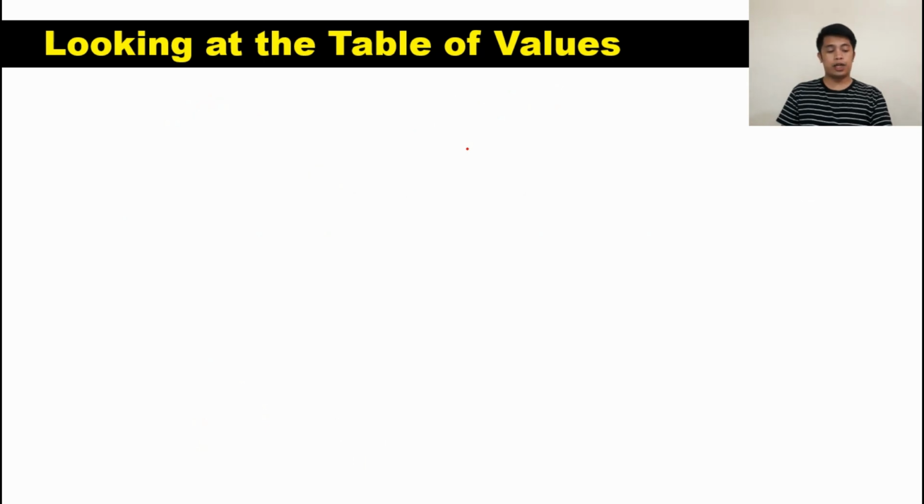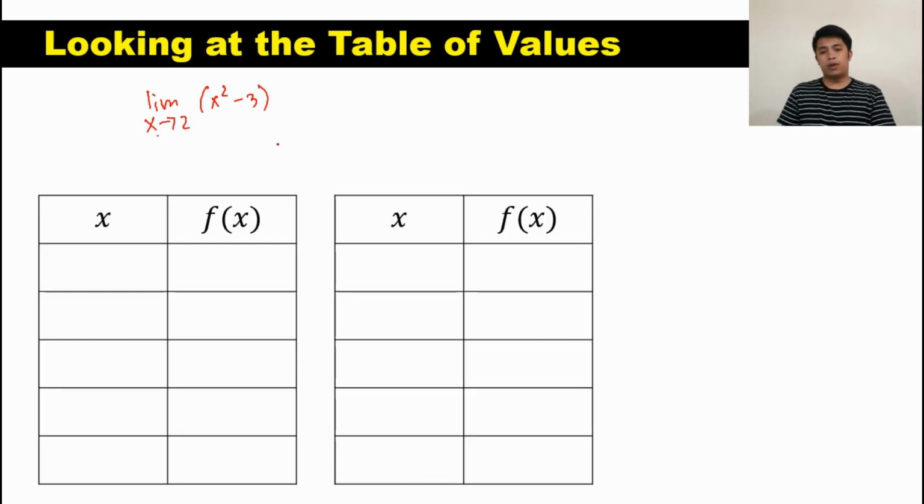So, example, kato ganina. If we are asked to solve for the limit of x squared minus 3 as x approaches 2, mag-create ta og duha ka tables.